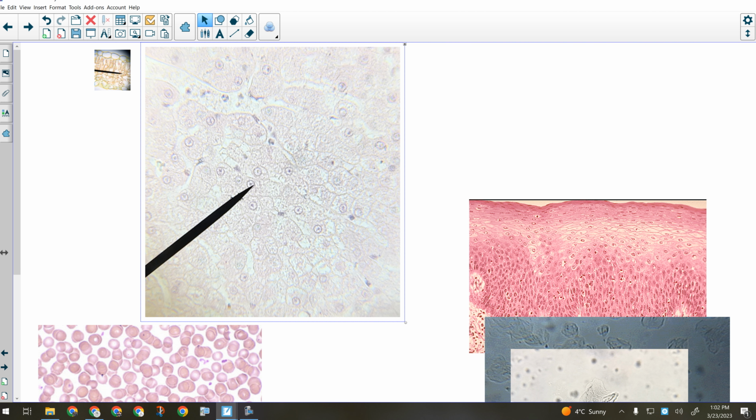You see all the little purple circles? Each one of those is a nucleus. So if I was looking at this nucleus right here, this would be the cell that it's in. The animal cells are smaller than the plant cells.